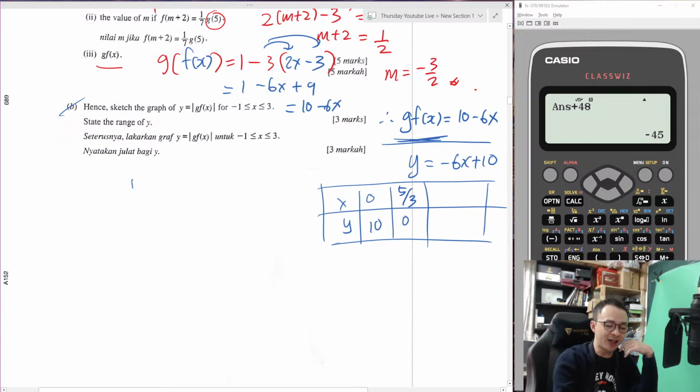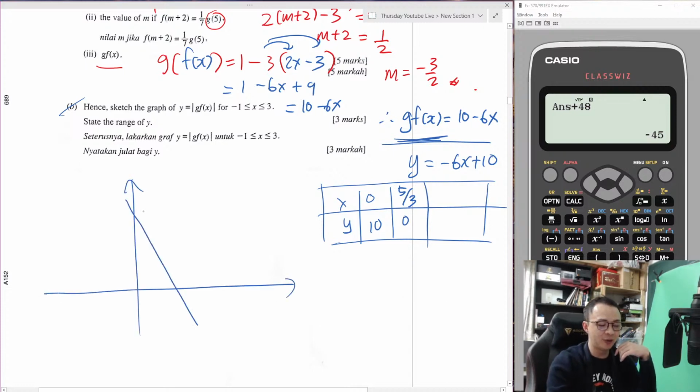So if I want to sketch this graph without the modulus, this is what the graph will look like, passing through 10 and 5 over 3. Alright, then the student might ask, how about the modulus?